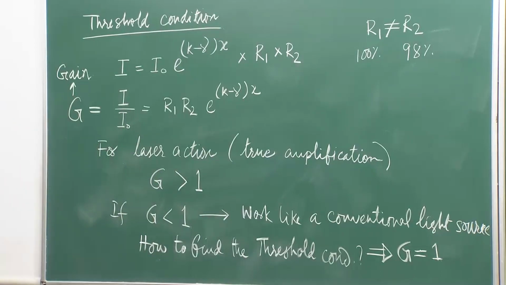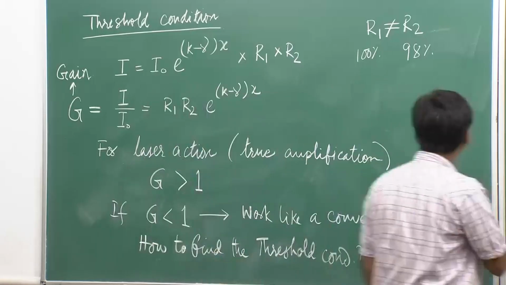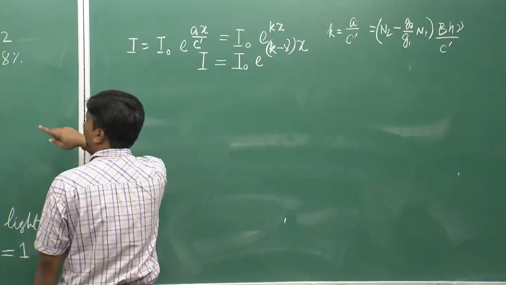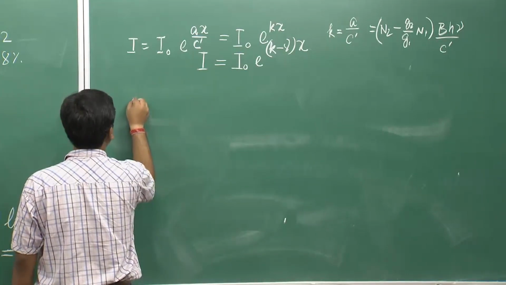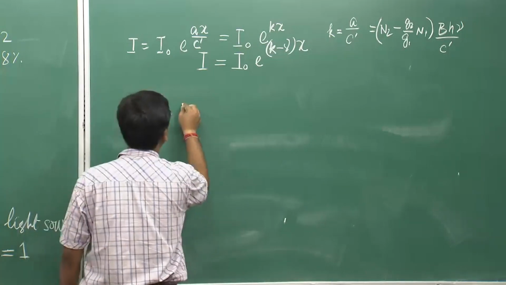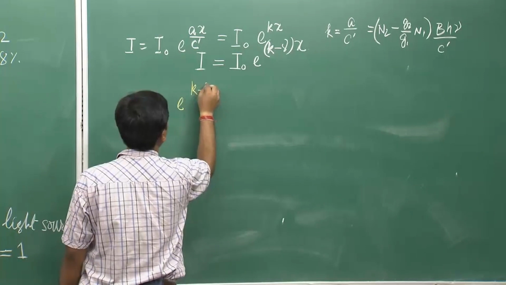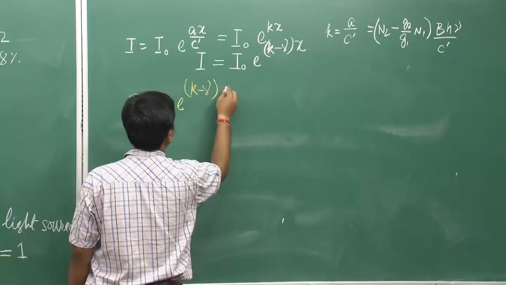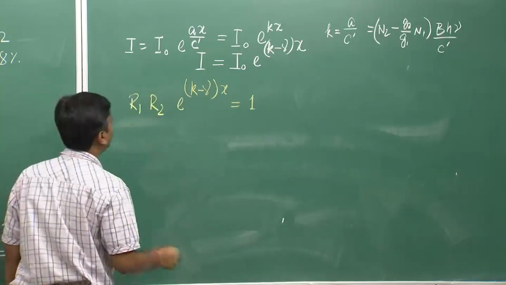So, I will keep this part. So, my g is, I am equating g to the unity. So, what I can write is R1 R2 multiplied by this exponential term equals to 1, right.